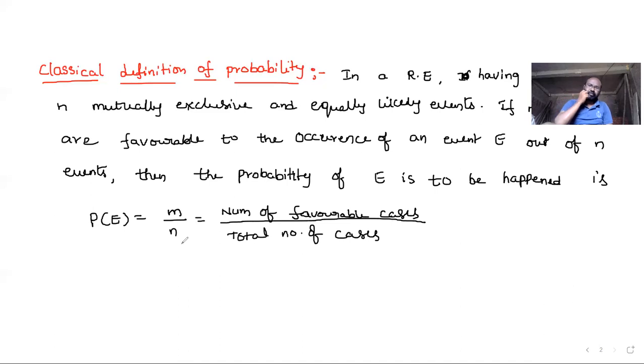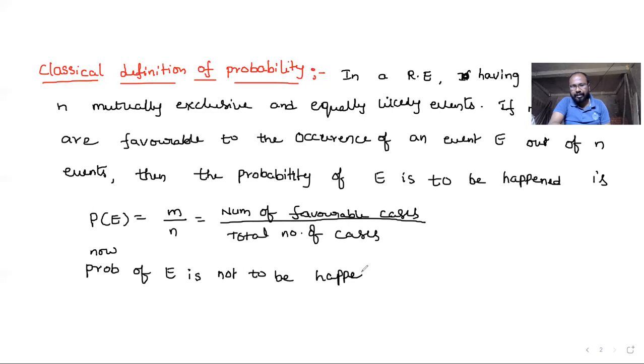Now the probability of E not happening is denoted by E bar or E complement. So that is P of E bar.